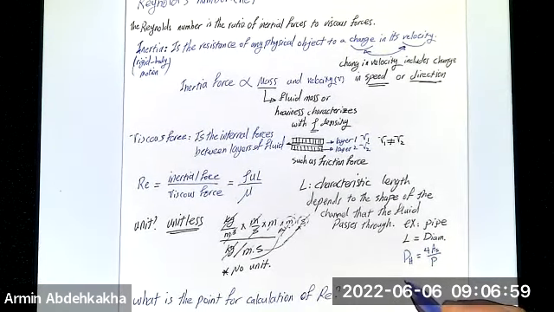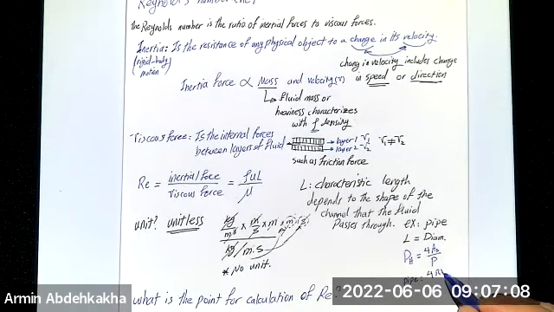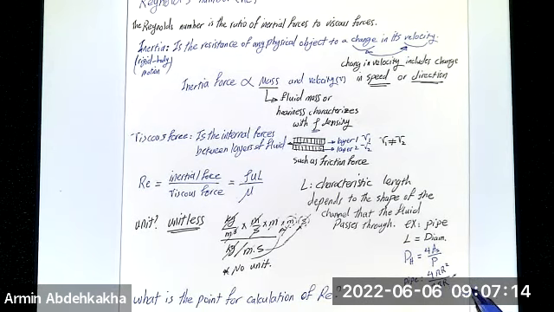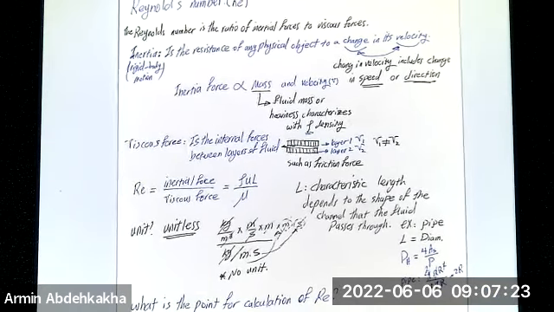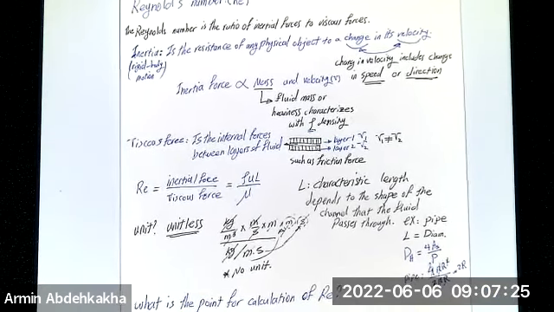Or for example, for a pipe, 4 times A, which is pi R squared, over 2 pi R, right? So R is cancelled with R, pi with pi, and this is going to be 2R or the diameter.